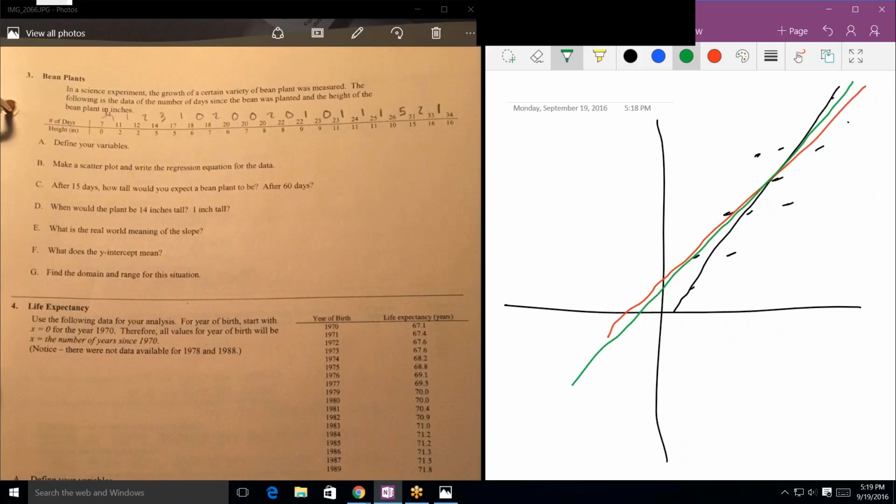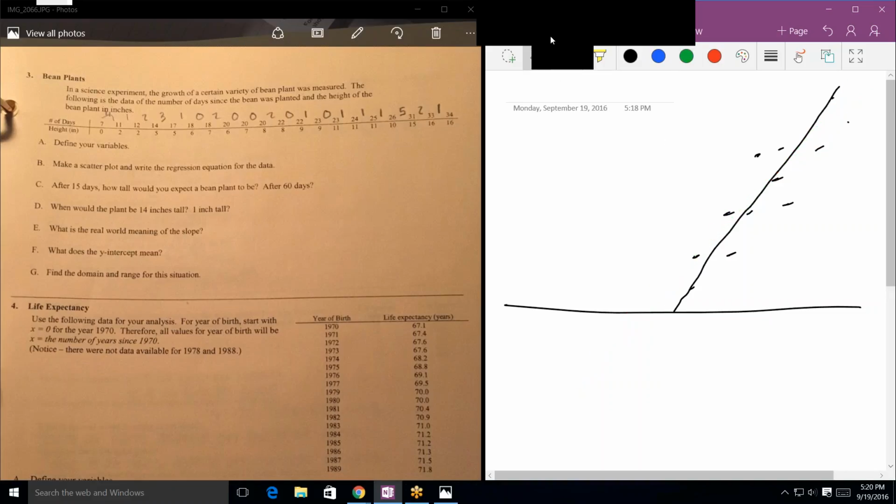It's a very complicated algorithm, but that's what your calculator is using. Your calculator came up with the black line, the linear regression. It was using that extremely complicated algorithm that you don't really even need to know. What you need to know is that's what it's doing.